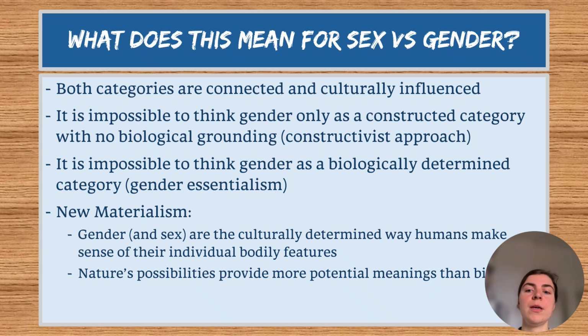And it is important to say that new materialism claims that nature's possibilities, so basically the body as basis, provides more potential meanings than the binary would suggest. So if we have this binary distinction of man and woman, and we look at the bodies with that in mind, of course, you basically see those binaries. But if you try to look without this binary in mind, then it's very possible to distinguish into more gender or sex categories.